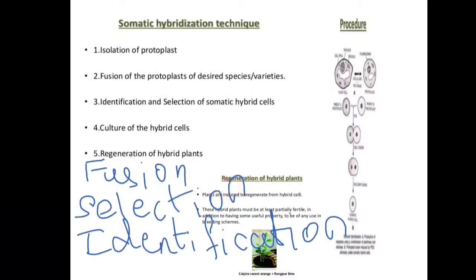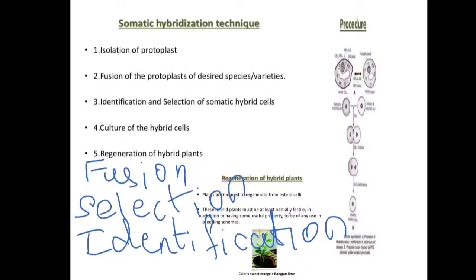So selection of the hybrid cells means what? About 20 to 25% of the protoplasts are actually involved in the fusion process, right? So not 100% of the protoplasts are fused here. Okay, so in protoplast culture only 20 to 25% of the protoplasts are actually involved in the fusion process.